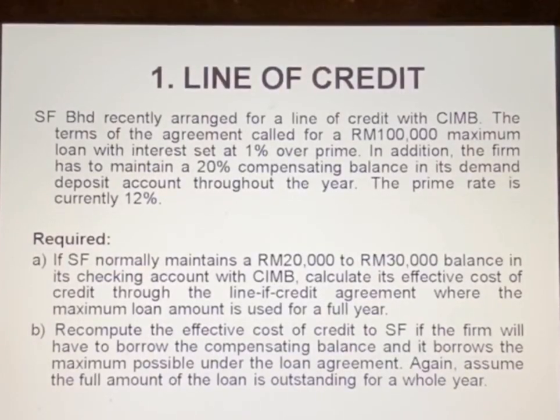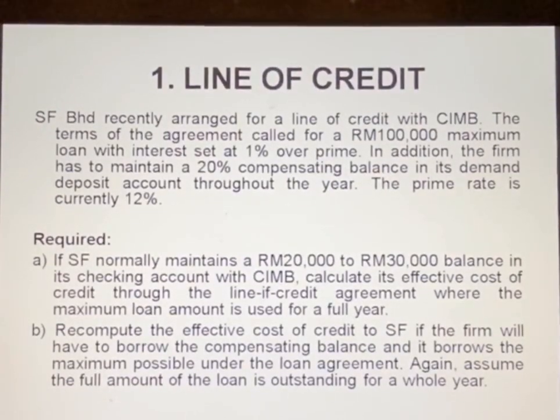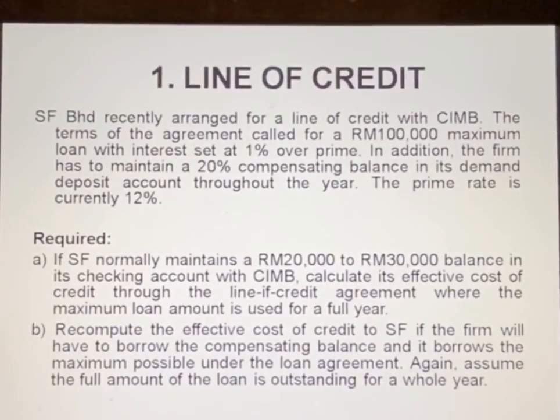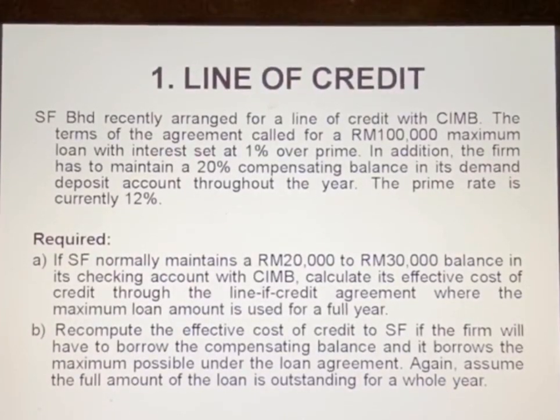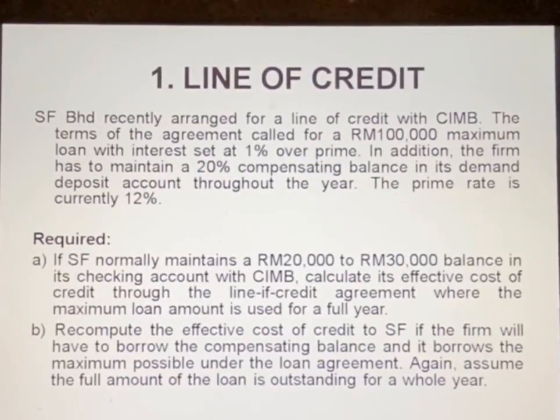And B. Recompute the effective cost of credit to SF Berhad if the firm will have to borrow the compensating balance and it borrows the maximum possible under the loan agreement. Again, assume the full amount of loan is outstanding for the whole year.